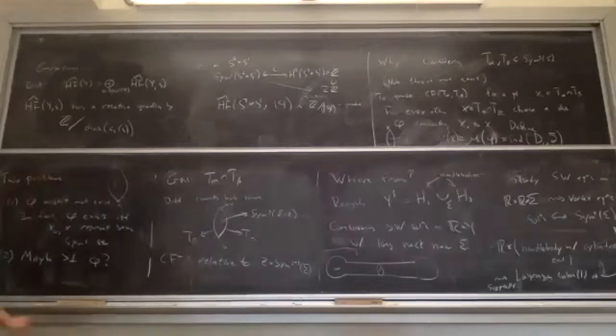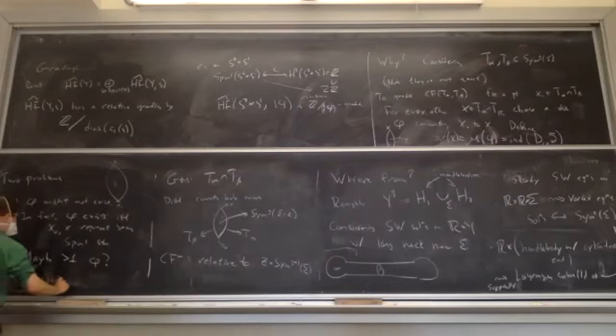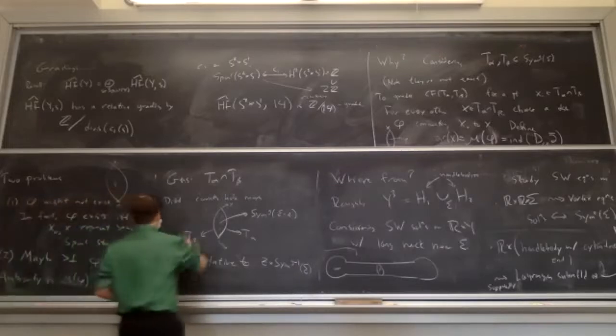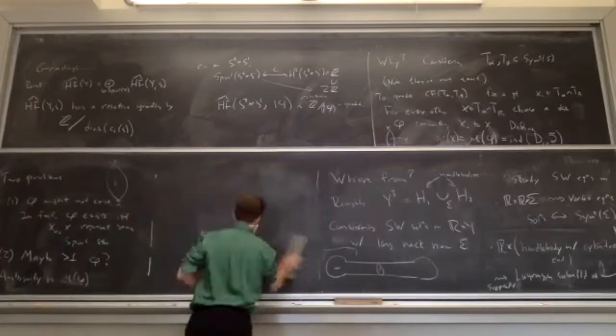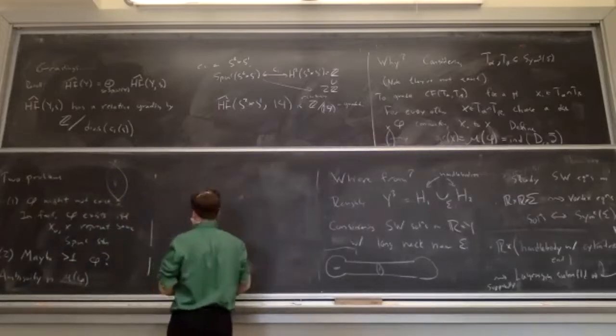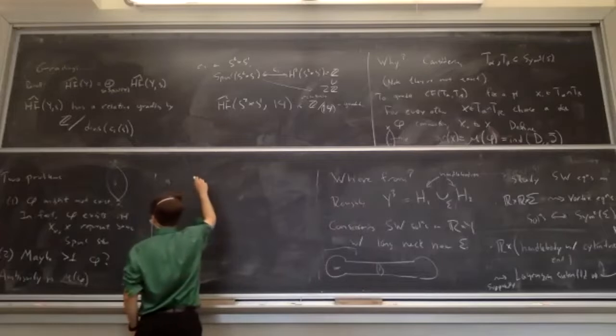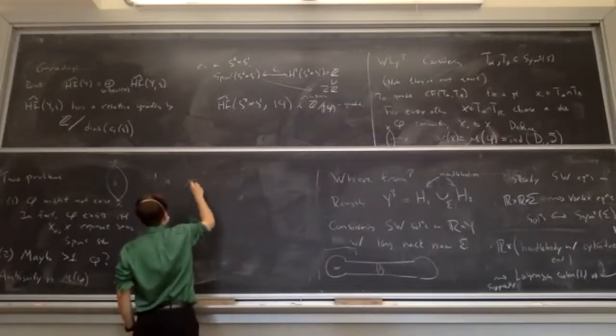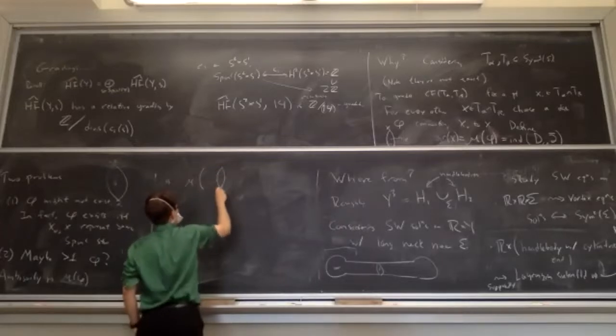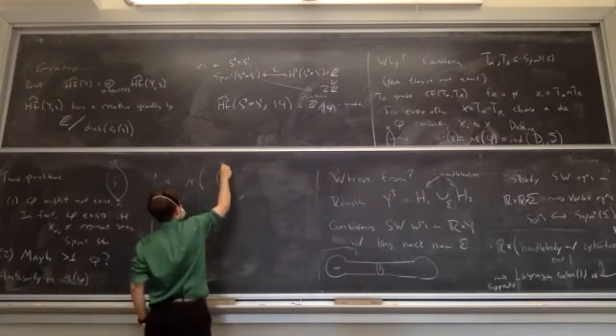And the answer is, well, the ambiguity in mu of phi is the same as looking at the Maslov index of disks going from x naught to x naught.